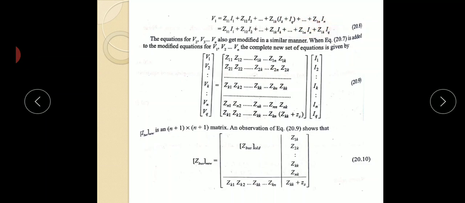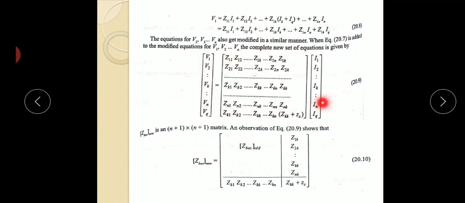This is also equal to Z11 I1, Z12 I2 and finally Z1k IK and Z1k IQ. Okay. So equations for V2, V3, Vn also get modified in a similar manner. When equation 20.7 is added to the modified equations for V1, V2 and Vn, the complete new set of equations is given by equation number 20.9.